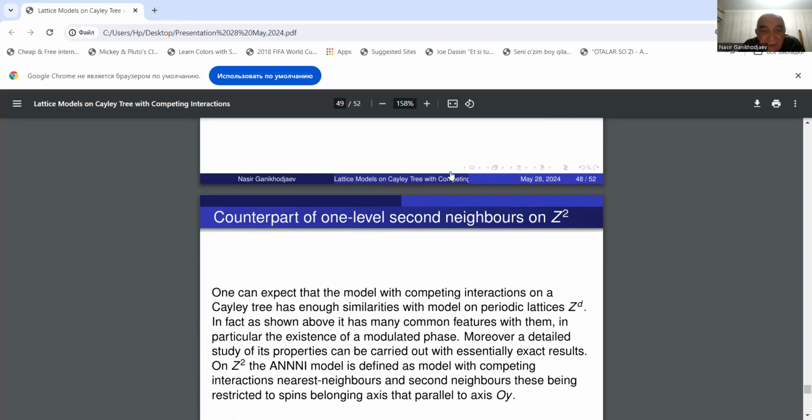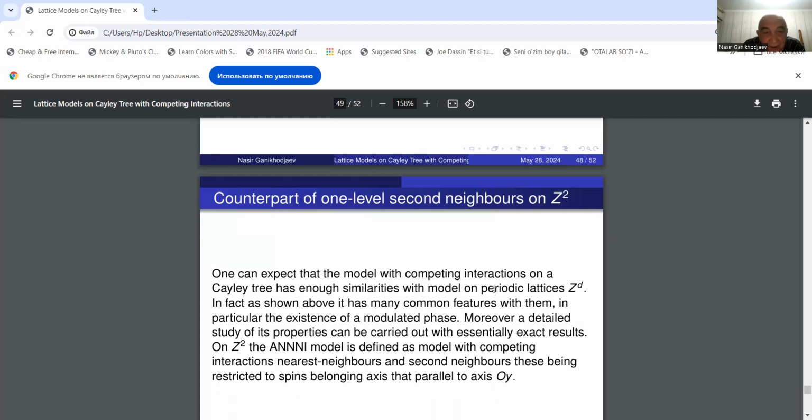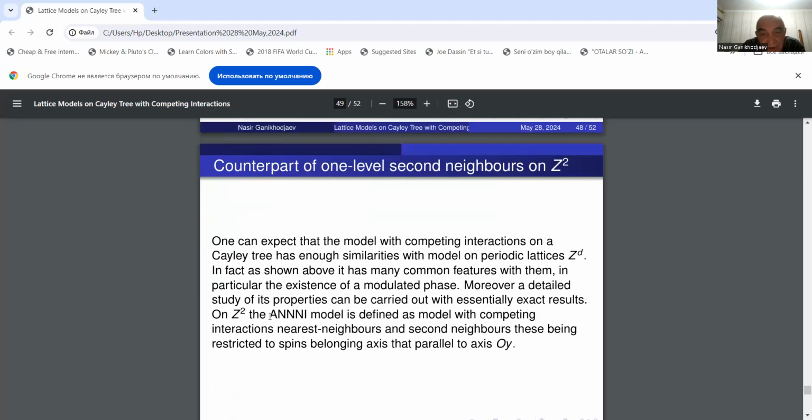So from the previous, one can expect that the model with competing interaction on K3 has enough similarities with the model on periodical lattices Z^d. For example, in both cases, for the same model, we have the existence of a modulated phase. Moreover, a detailed study of its properties can be carried out.